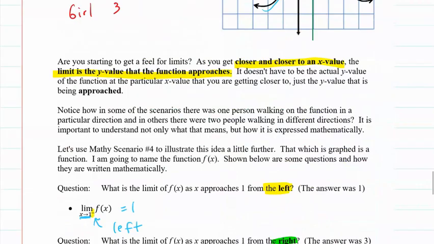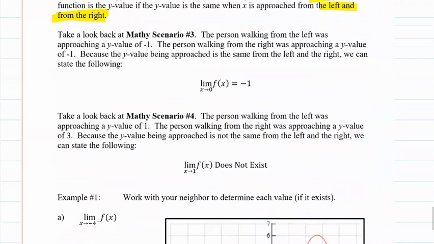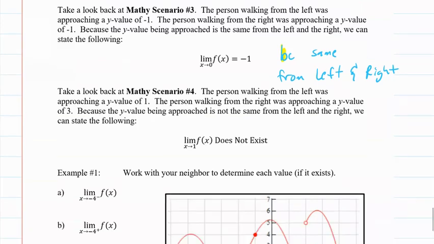So we could say that as x approaches 0, it has a limit, and that limit is -1 because it's the same from left and right. All right, so if it has the same value, it has a limit.